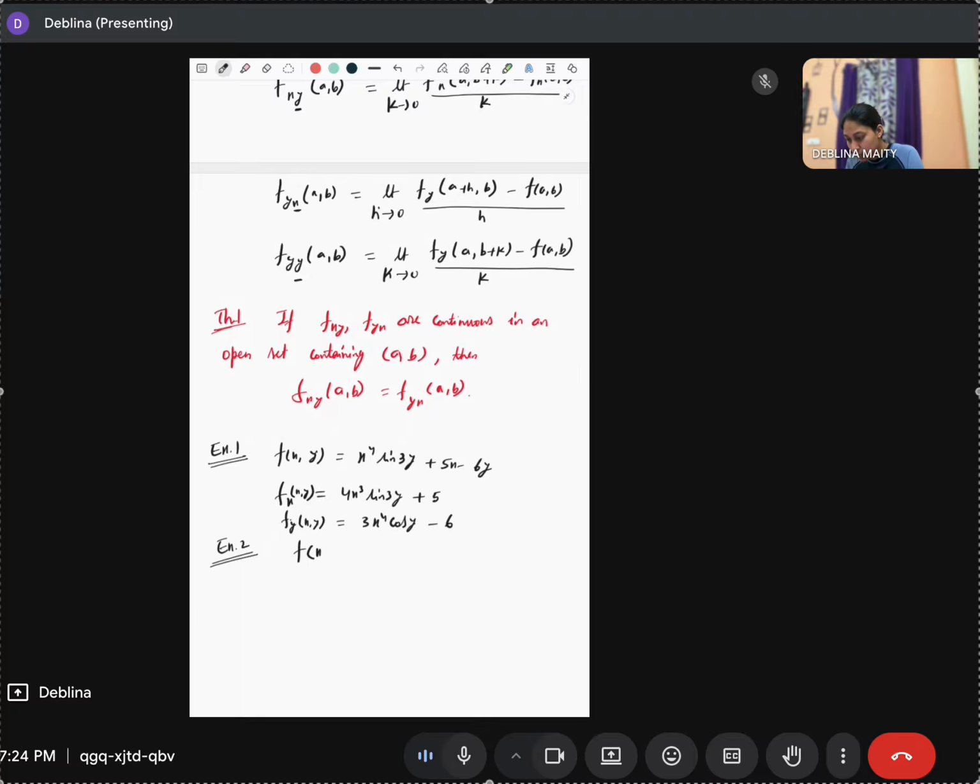Now for example 2, let's take f to be f(x, y) equals log of 1 plus xy, and we have to find fx(0, 0) and fy(0, 0).